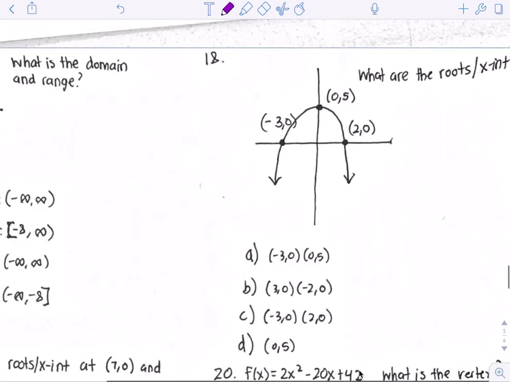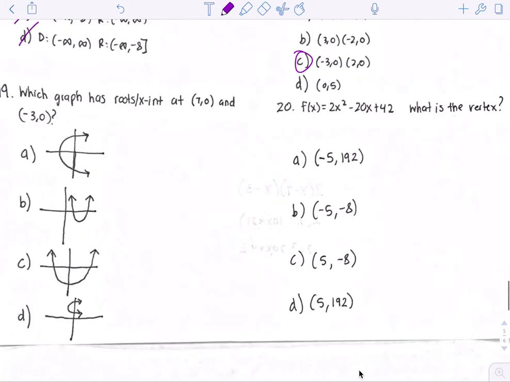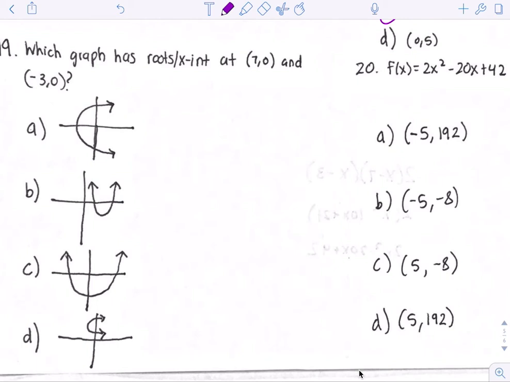Okay, what are the roots and x-intercepts? Remember, you guys, roots and x-intercepts are where it crosses the x-axis. So negative 3, 0, and 2, 0, right there. All right, so for this one, which graph has roots and x-intercepts at 7, 0, and negative 3, 0? So basically, which graph could potentially pass through 7, 0, and negative 3, 0, which are your guys' x values, or where does it cross the x-axis?